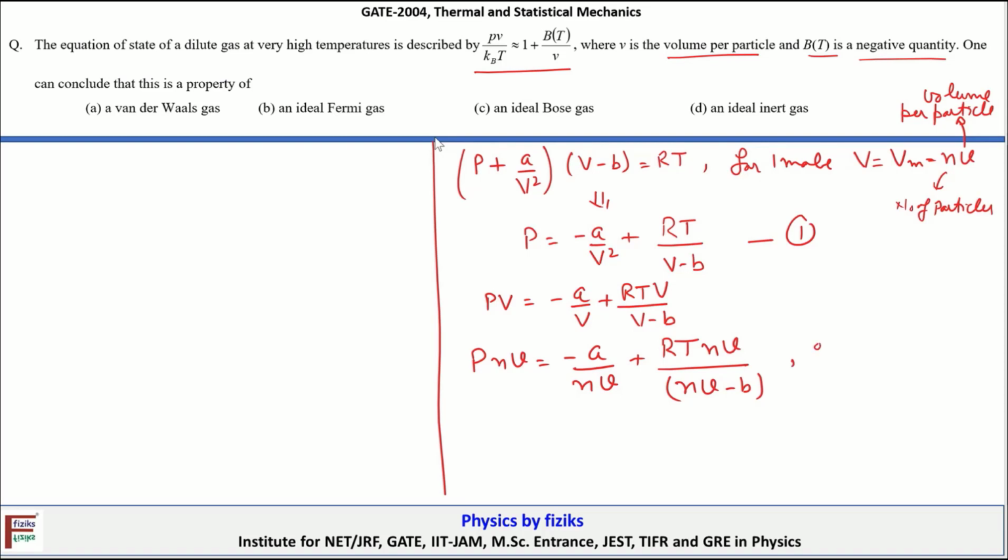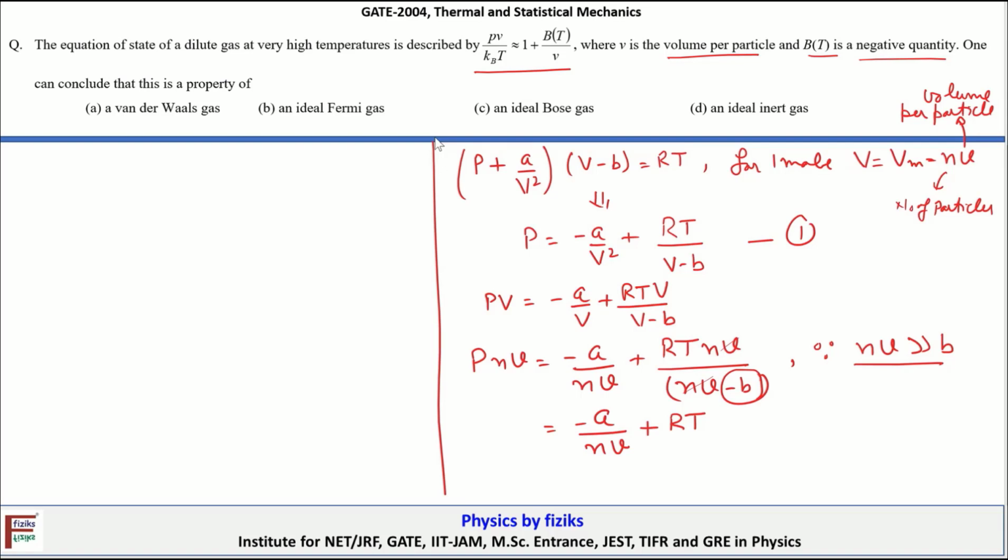Because nV is much greater than b, under this approximation I can write that Pv is equal to minus A upon nV plus RT, because under this approximation we can neglect this quantity, and finally this will cancel with this, so we are left with only RT here.